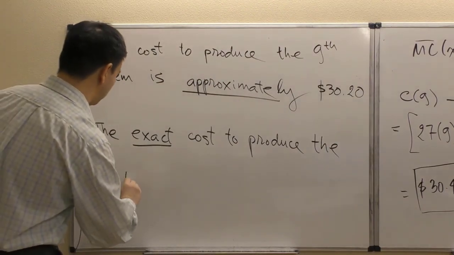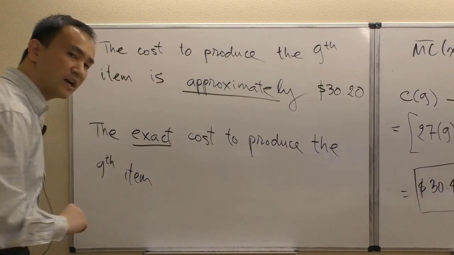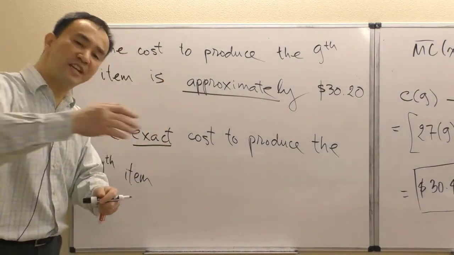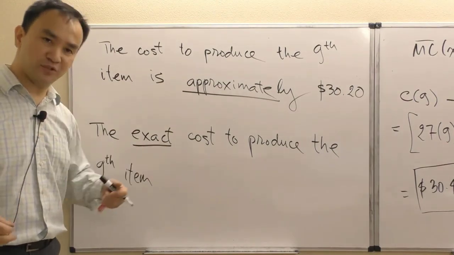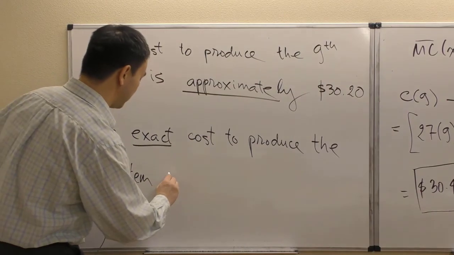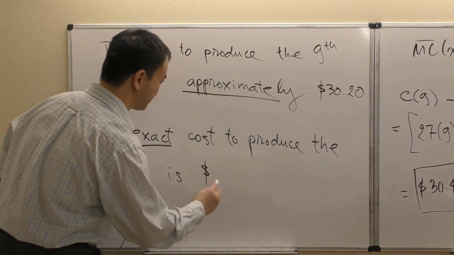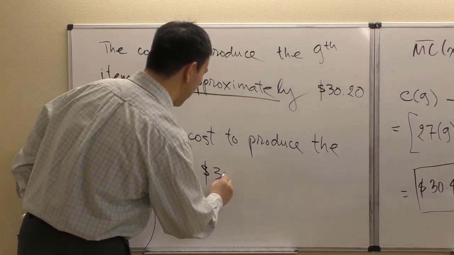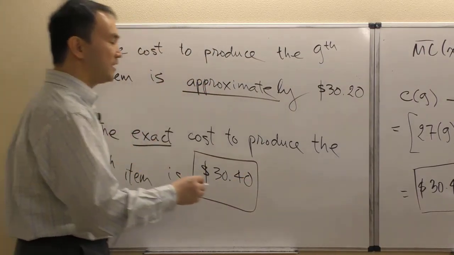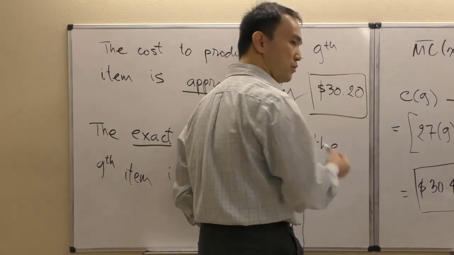And when you're saying the ninth item, of course, needless to mention, it's the 9th item after the 8th item, after selling 8 items away, okay? So to produce the 9th item is really $30.40.